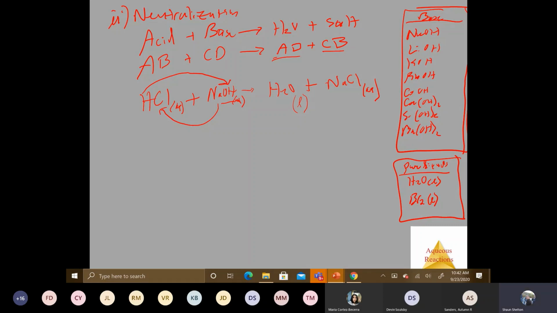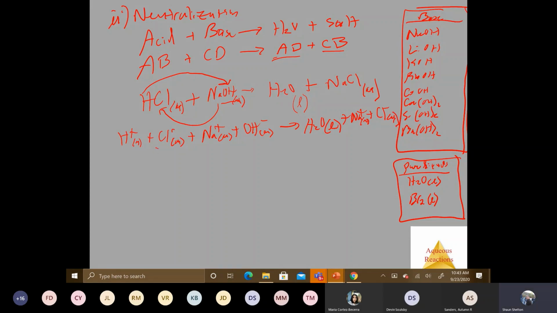Now you can do the exact same thing with this reaction as we did previously with precipitation. So H plus Cl minus plus Na plus OH minus yields H2O, because you cannot break a liquid down, plus Na plus Cl minus.